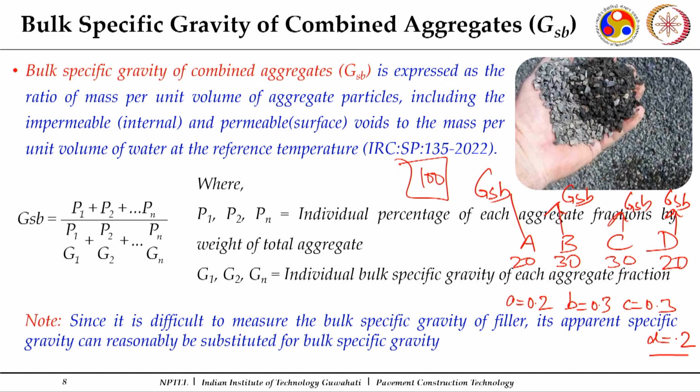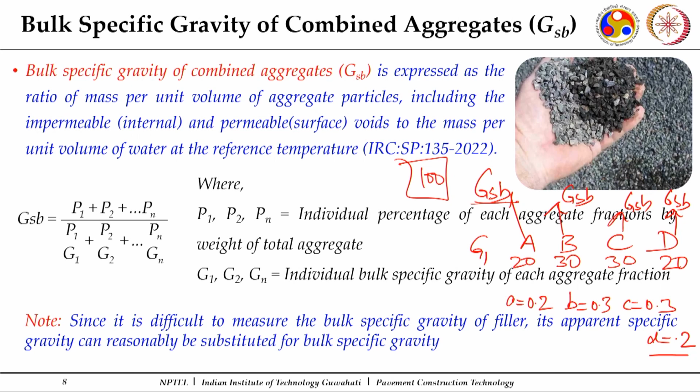For A you will have a range of particles, so you will determine the specific gravity of that particular blend of A, which can be denoted as GSB1, or I can write it as G1. I am referring here to bulk specific gravity, so I will always prefer to write GSB.